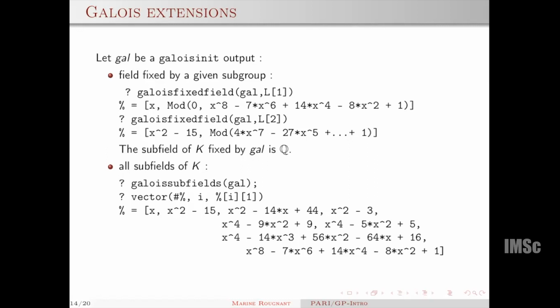So if I ask for the fixed field fixed by the whole group, I should have Q. So let's have a look. We have Q, it's something like X. If I want the field fixed by the first subgroup, Z over 1, it says that it's generated by this polynomial.